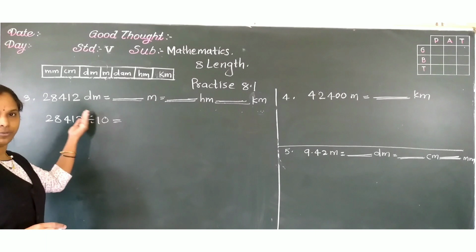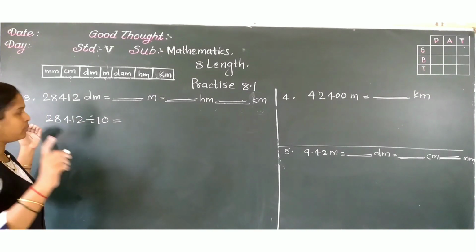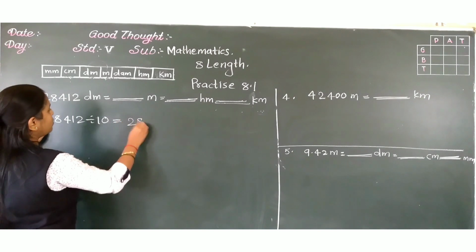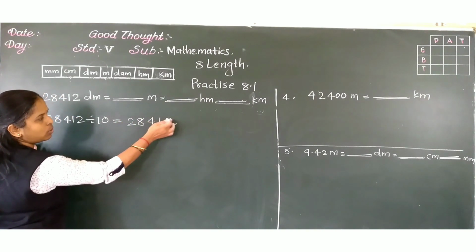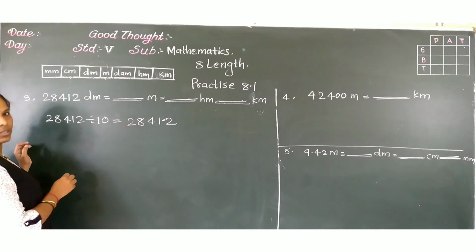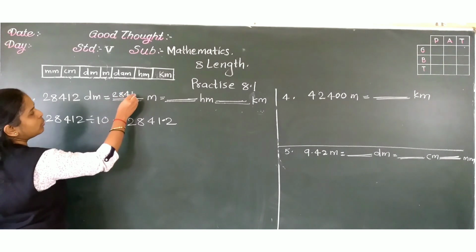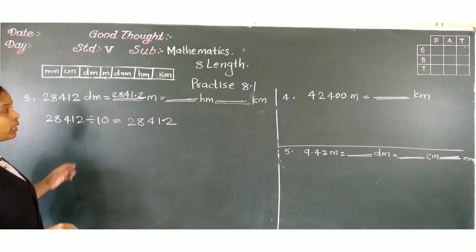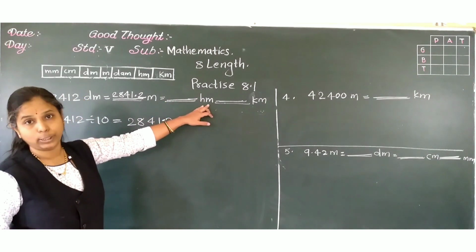We will shift the decimal point to the left side by one place. So this many meter: 2841.2 meter.